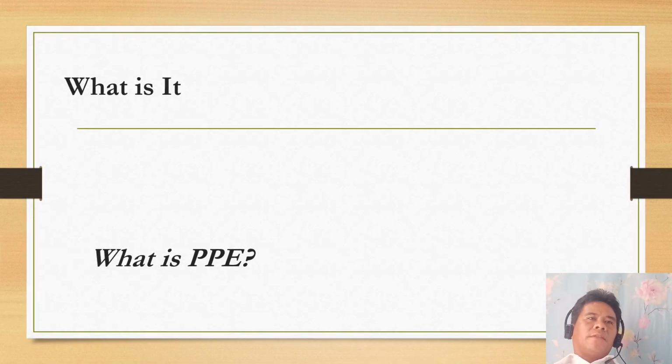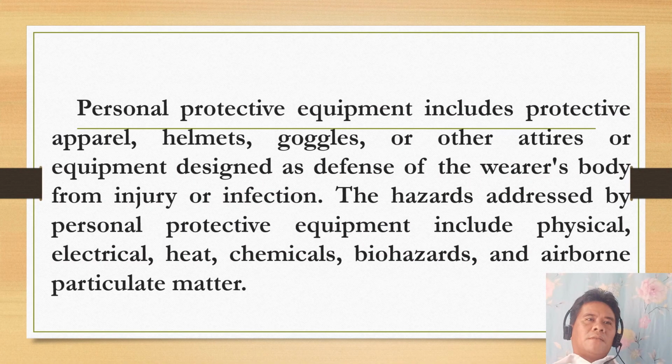So what is it? What is PPE? So what is the meaning of the PPE class? Anyone? Okay. PPE is personal protective equipment, includes protective apparel, helmets, goggles, or other attires, or equipment designed as defense of the wearer's body from injury or infections.